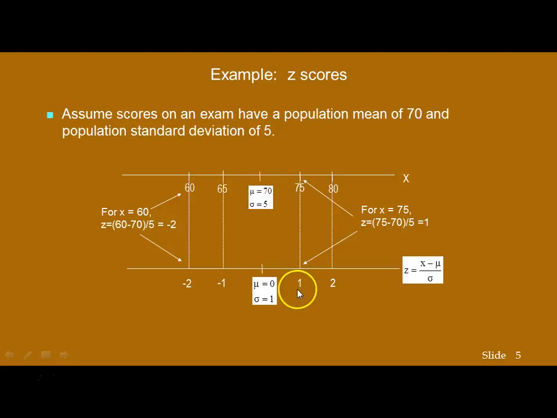That's 5 over 5, or 1. Why 1? Because 75 is exactly 1 standard deviation bigger than the mean. 80 is exactly 2 standard deviations bigger than the mean, so its z-value will be 2. 65 would correspond to a z-value of negative 1, because 65 is exactly 1 standard deviation below the mean. 60 would correspond to negative 2, because it's 2 standard deviations below the mean, and so on. And we'll have some uses for z-values later in this module and also later in the course.